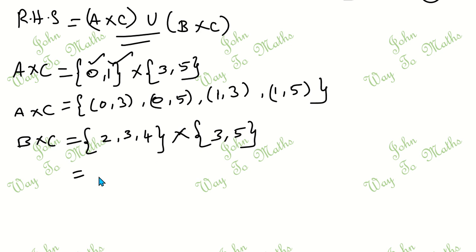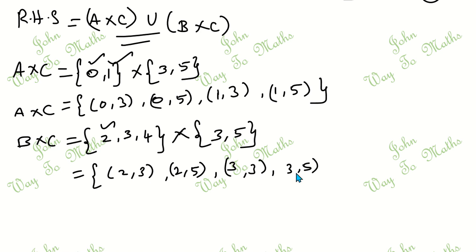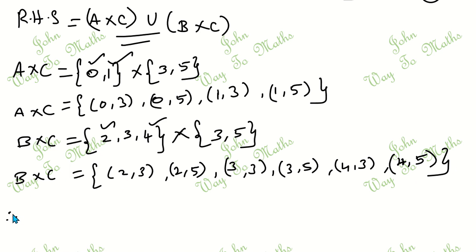Here applying the Cartesian product rule, choose 2, so 2 comma 3, 2 comma 5, then choose 3, 3 comma 3, 3 comma 5, then choose 4, here 4 comma 3, then 4 comma 5 is the B cross C product. So now I'm going to find RHS.